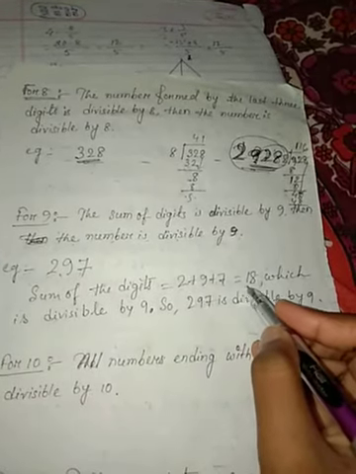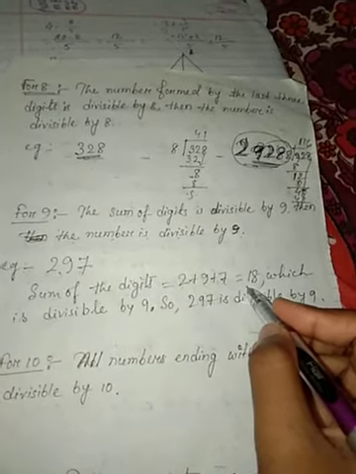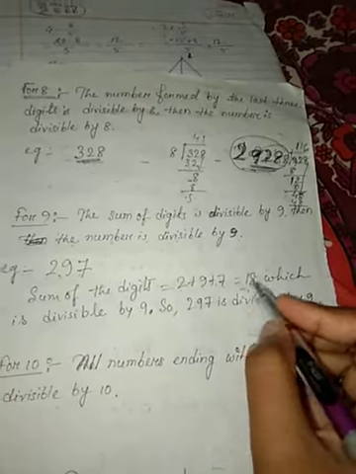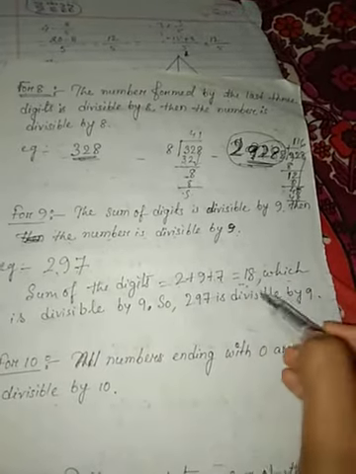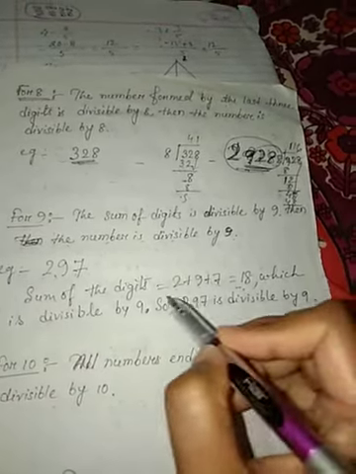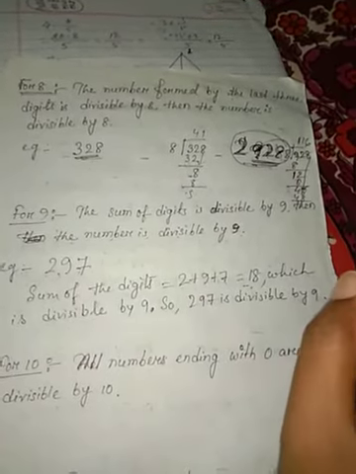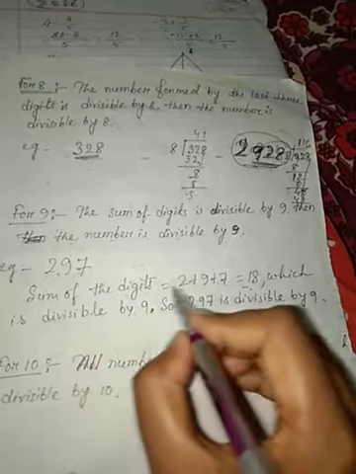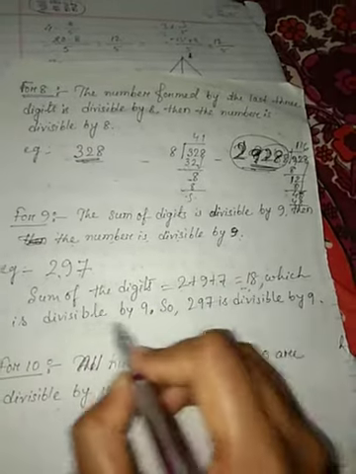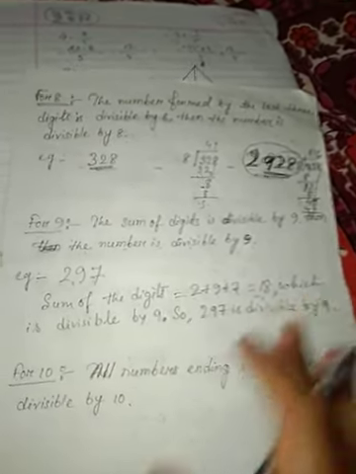If the result comes 15, then 15 is not a multiple of 9. That means the number is not divisible by 9. If the sum of the digits is divisible by 9, then the number is divisible by 9.